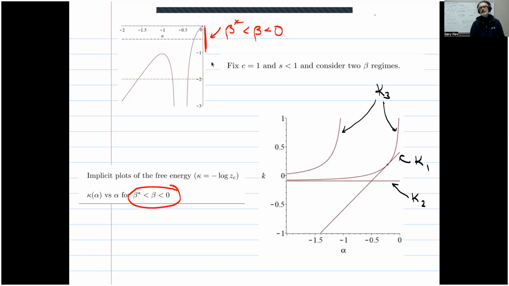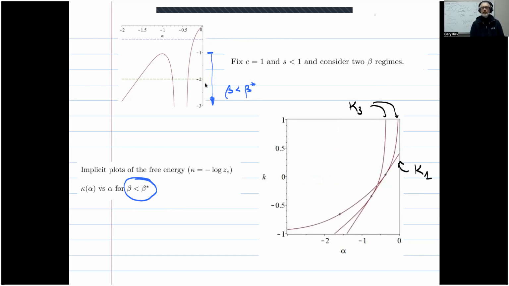But then if I pick the value of beta to be very negative, this is all at fixed S value, what I end up seeing is something like this. So now there are these two, again, kappa 3 curves, which are functions of beta.